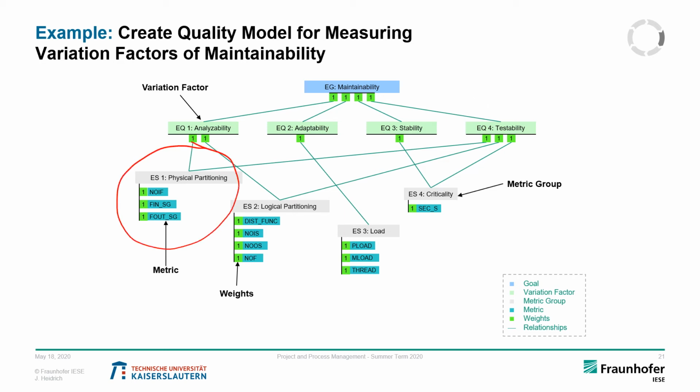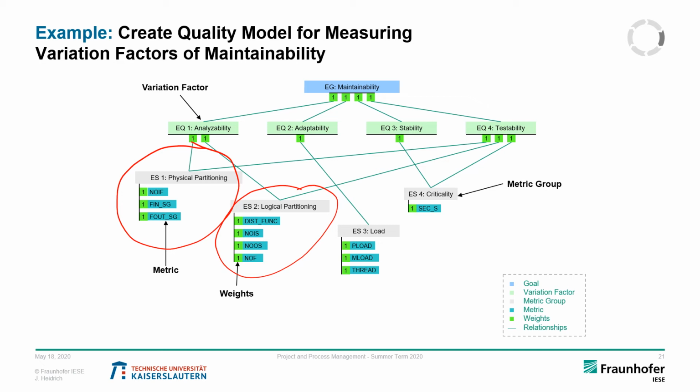For instance, this is one factor regarding the analyzability, and the logical partitioning. So this basically says something about how the control unit itself is communicating with other control units.